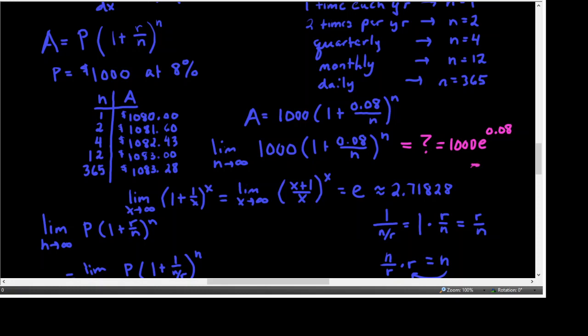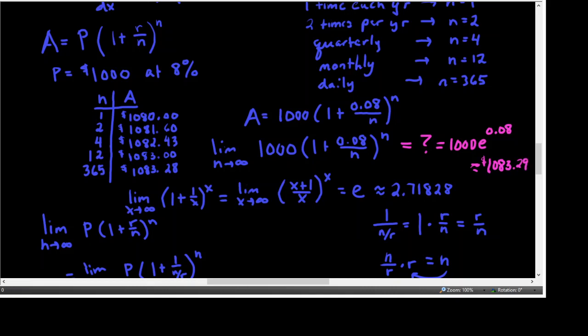And that is how much money? 1,000 times e to the 0.08 is about $1,083.29.